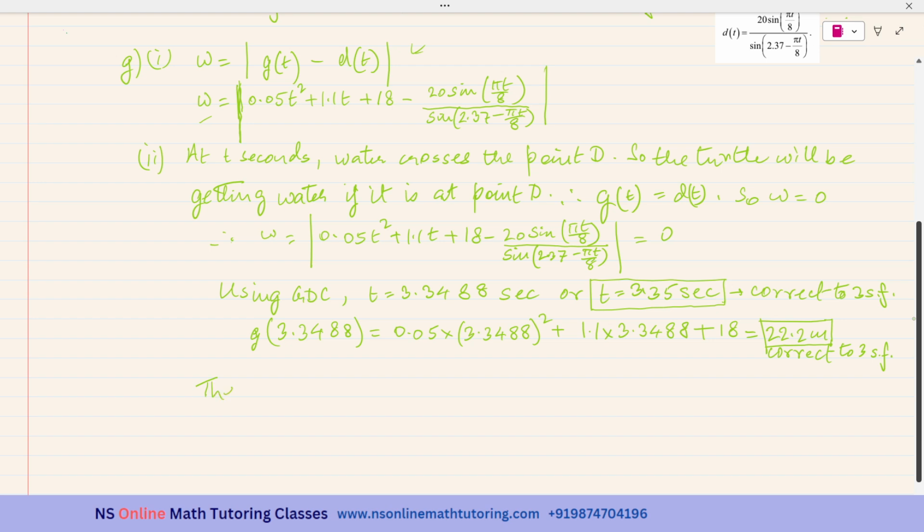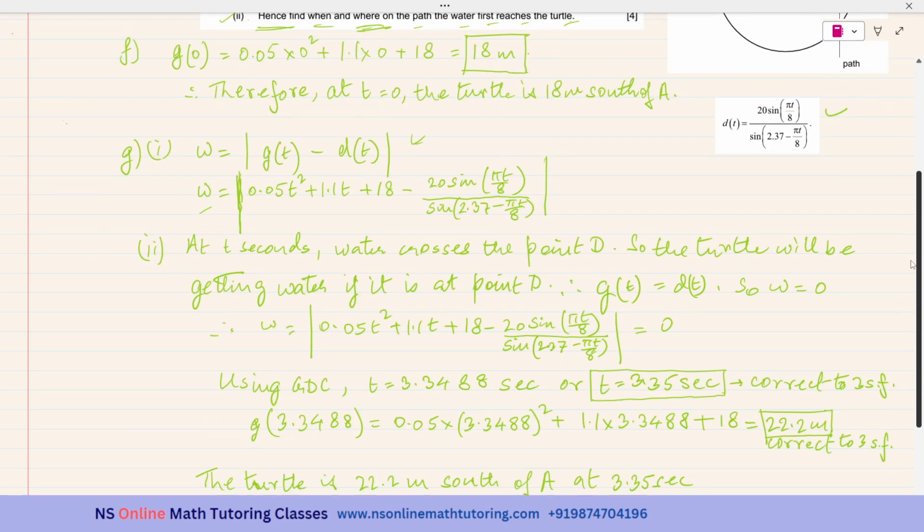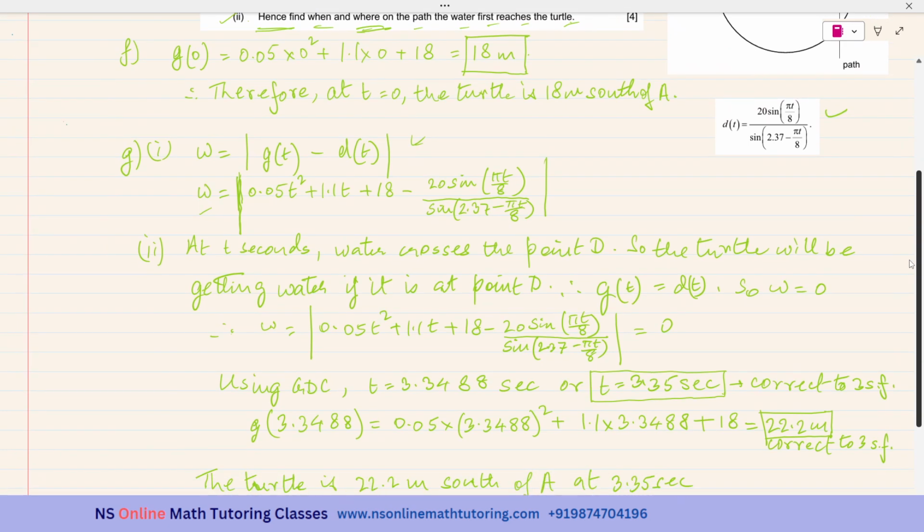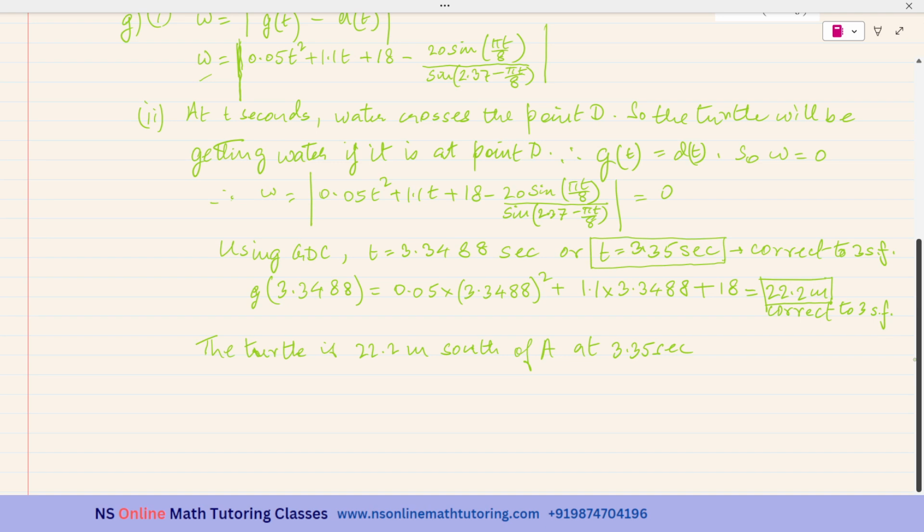The turtle is 22.2 meters south of A at 3.35 seconds when water reaches it.